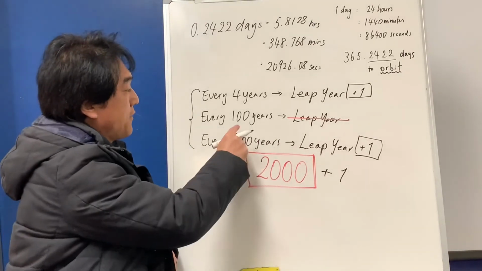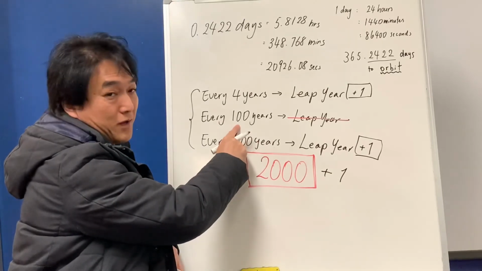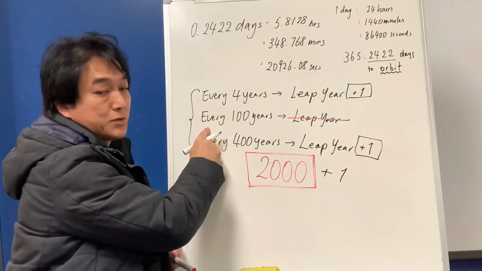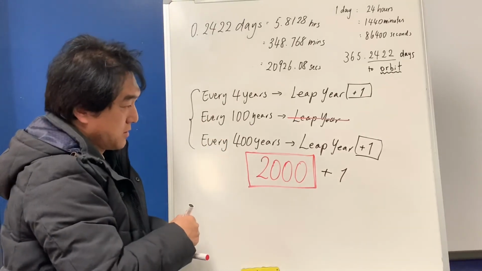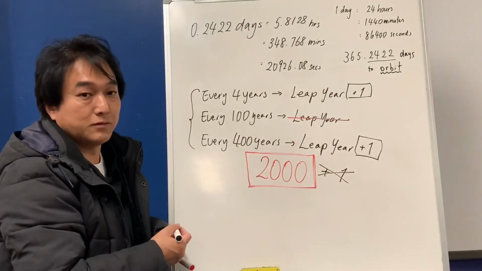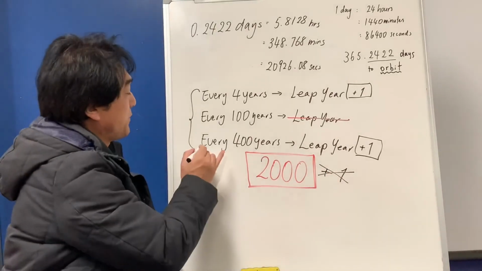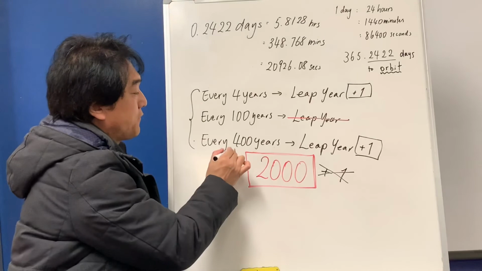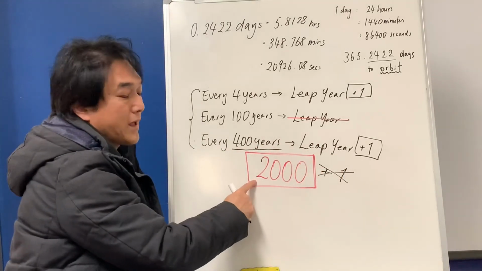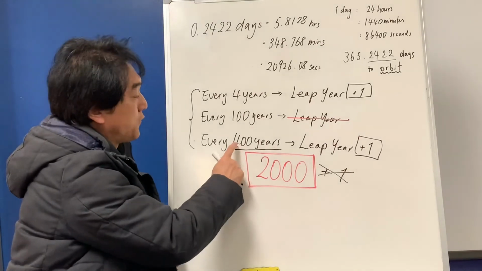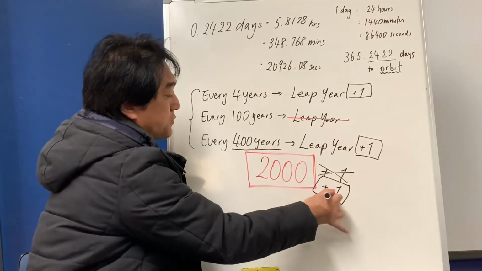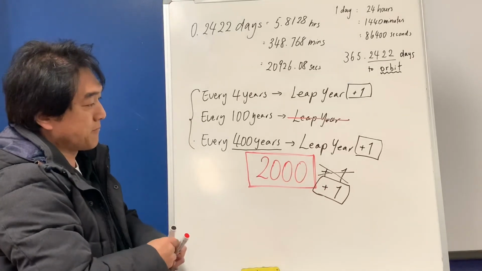But remember, every 100 years, leap year is cancelled. So according to this rule number 2, the leap year was actually cancelled. But because of rule number 3, every 400 years, leap year is reintroduced. 2000 is a multiple of 400. So the leap year was reintroduced. Right?